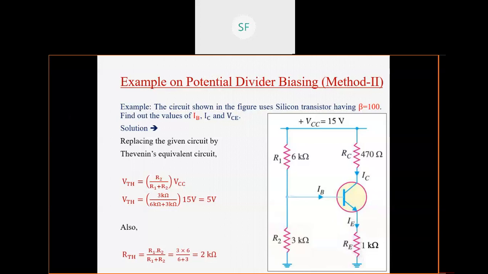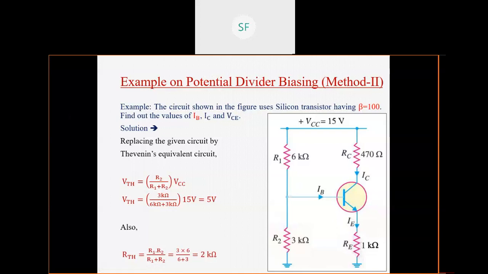All right. Then for solving this particular problem using Thevenin's theorem, the first and foremost thing you need to do is convert this given circuit into Thevenin's equivalent circuit.